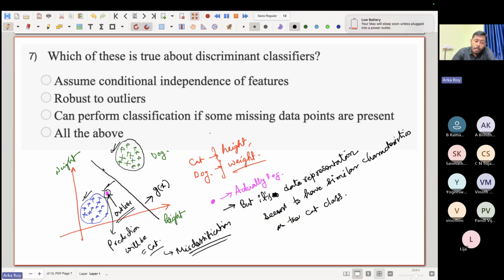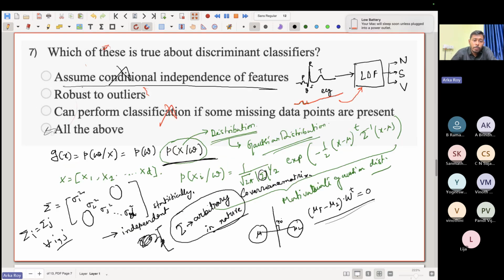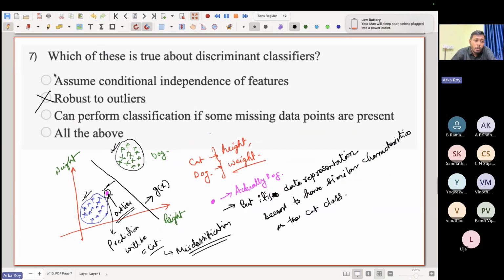So you are not doing good classification when you hit any outlier point, which means this linear discriminant function is not robust to outliers. By that logic, this is also not the correct answer, and we had seen from the previous slide that the other options are also incorrect. Therefore, in this particular question, none of them is actually the correct answer.